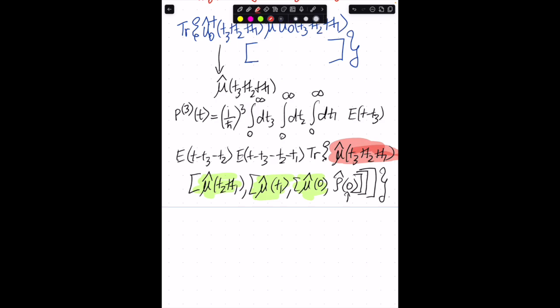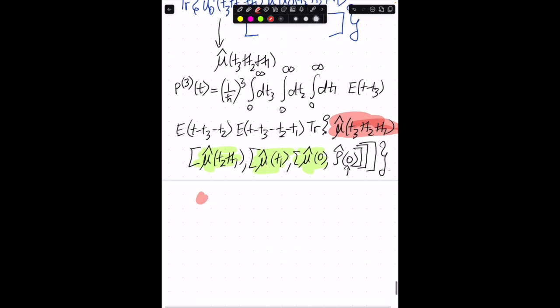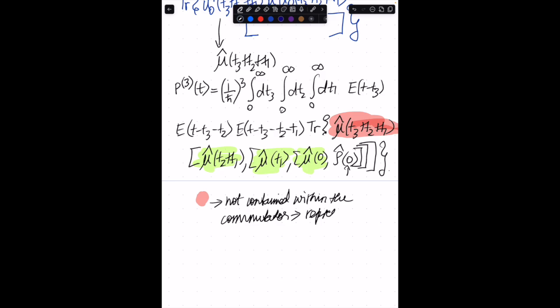So I would like to write down the meaning very clearly here. This dipole operator, not contained within the commutator, represents the emission of your signal field, as you would call it, emission of signal field.